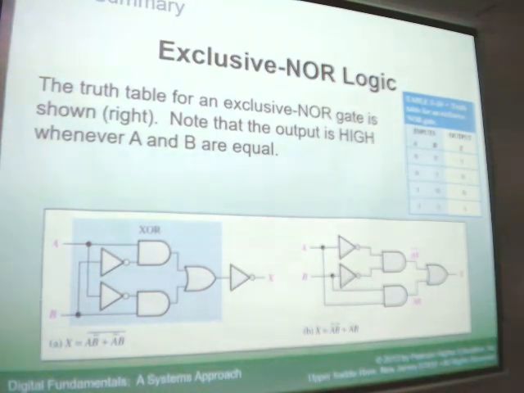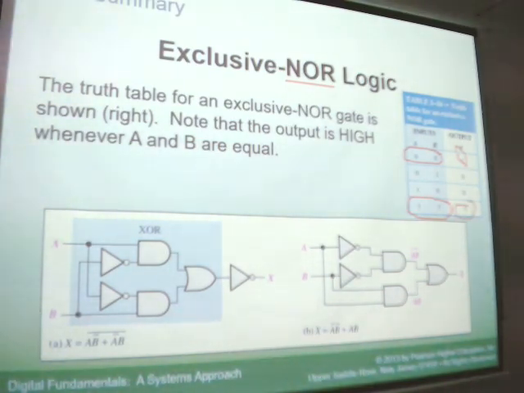Exclusive NOR logic means that the output is high whenever A and B are equal. If A equals 0, B equals 0, or A equals 1, B equals 1, then the output is 1.